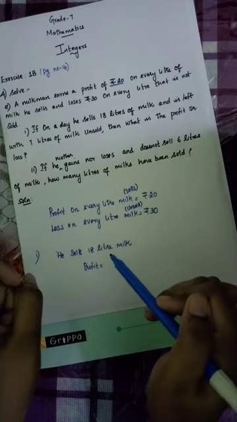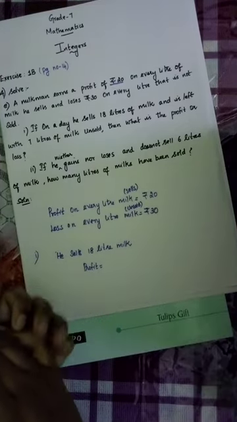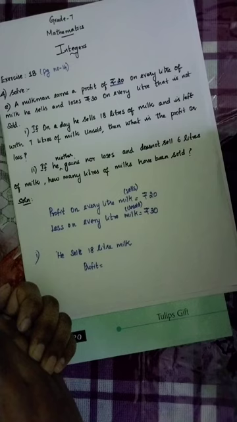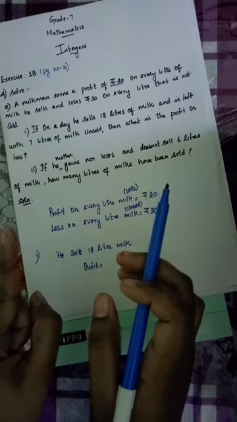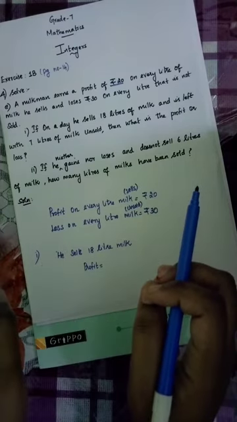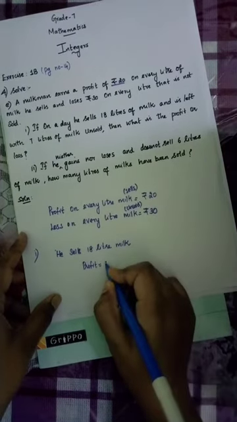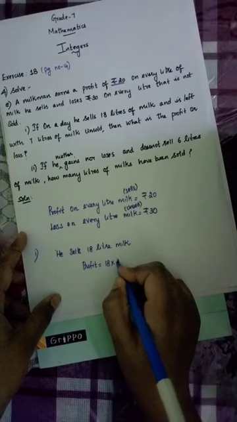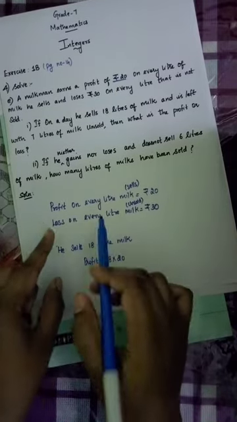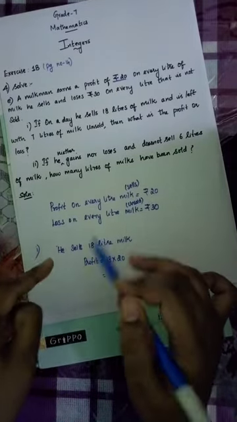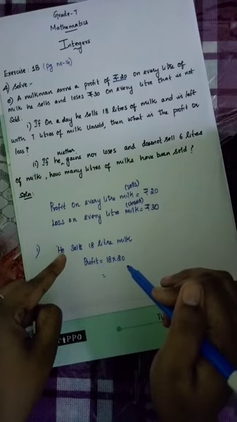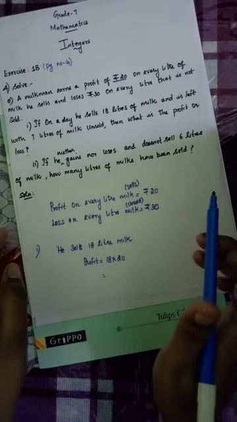Profit of 1 liter is equal to 20. How will you find for 18 liters? For 1 liter it is 20. For 18 liters, what will you do? You will multiply. So 18 into 20. Profit on 18 liter milk is equal to 18 into 20.